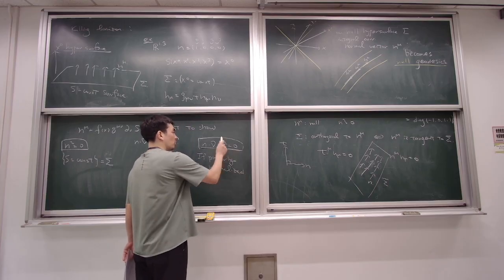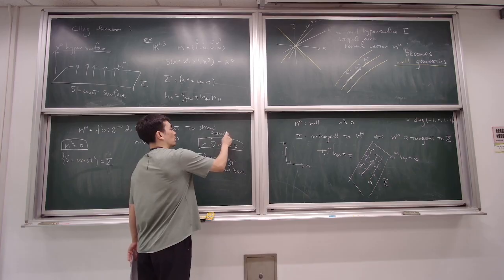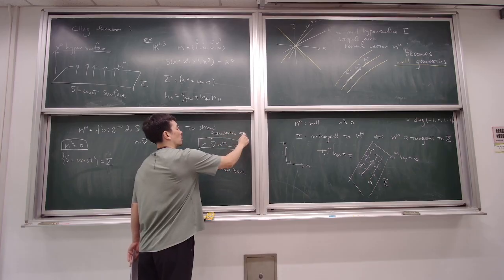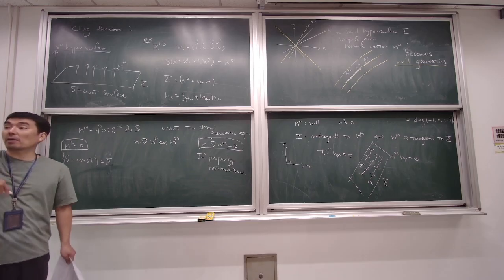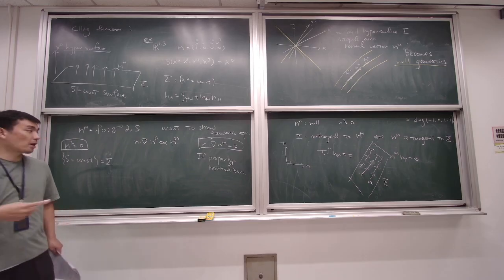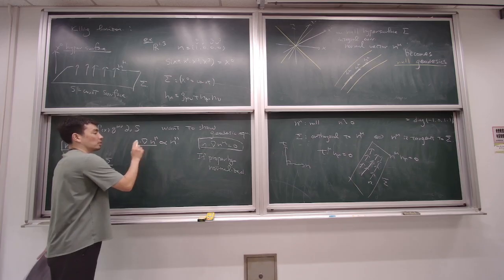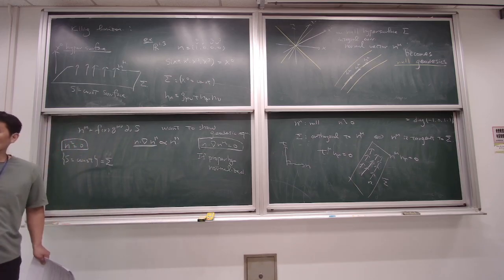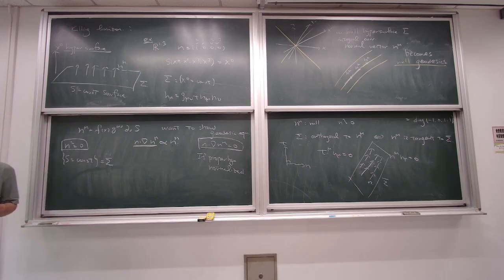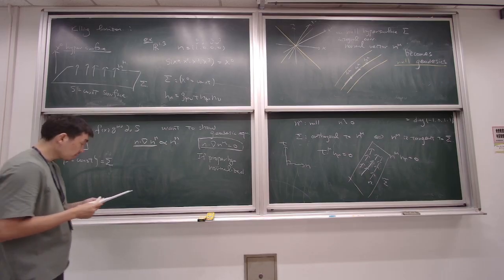However, if it's not affinely parameterized, just randomly parameterized, and this is proportional to n mu, it means the integral curve is geodesic. So let's show that.